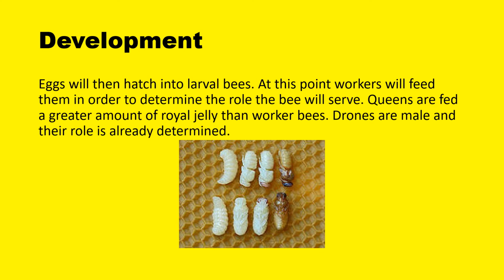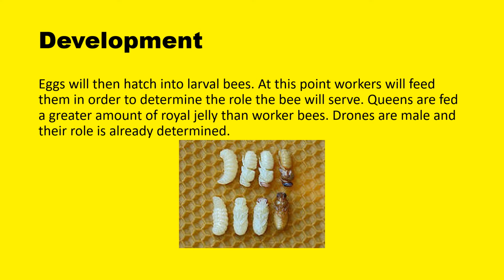If the colony needs a new queen, like if their queen is getting old or the hive is very crowded and they're going to split, what will happen is one of the bees is fed a higher amount of this royal jelly.